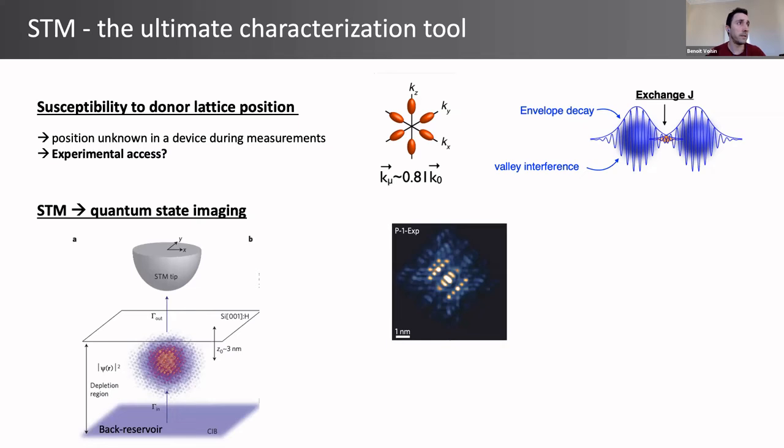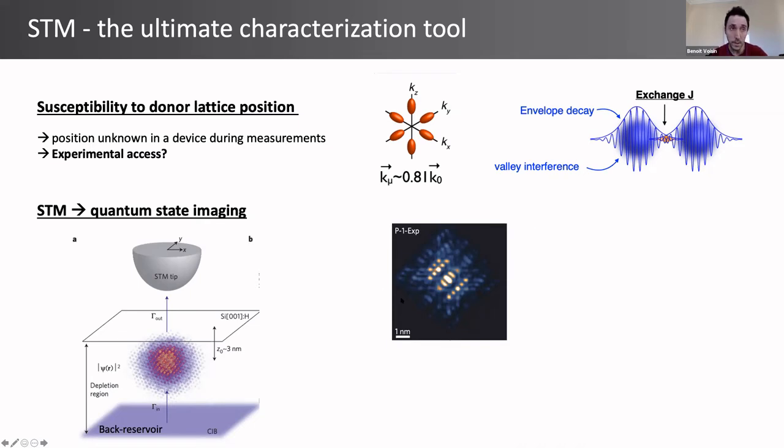This was done using scanning tunneling microscopy, where we designed a single electron tunneling framework between a back reservoir, a single dopant, and then the scanning tunneling probe. By moving the scanning probe in the XY plane, we can map out the wave function of the single atom, which is represented in this image.